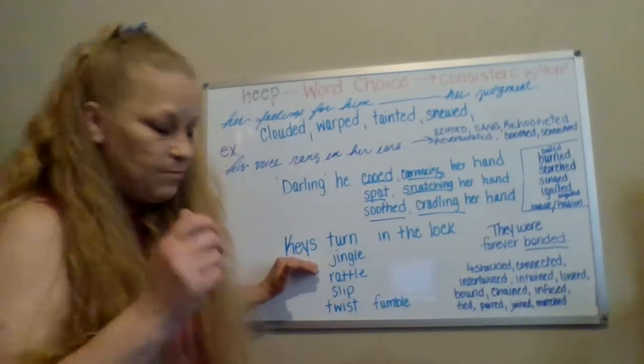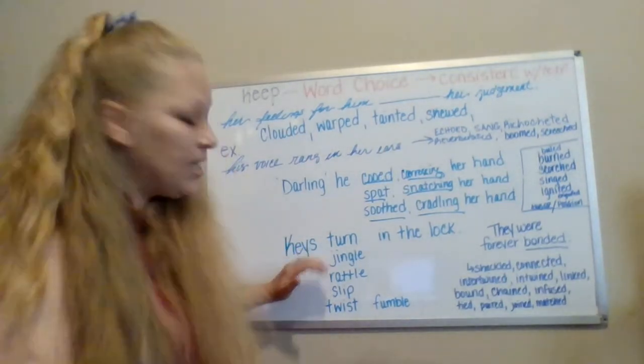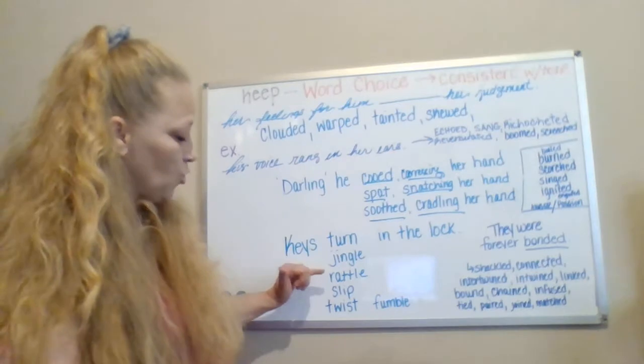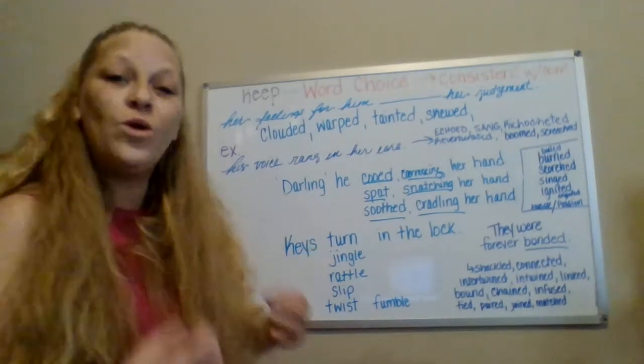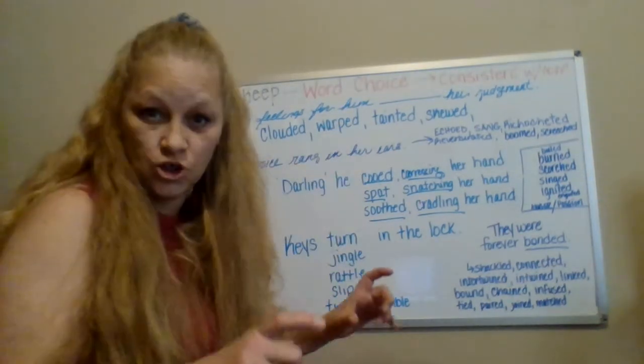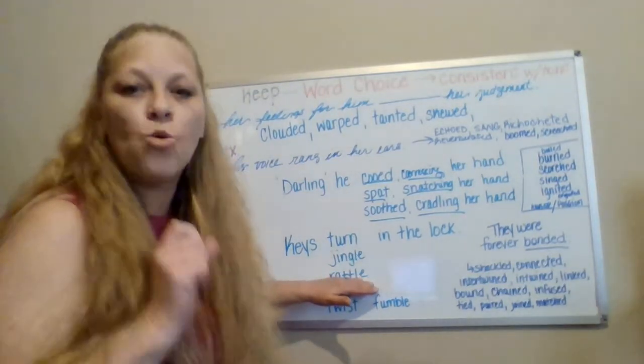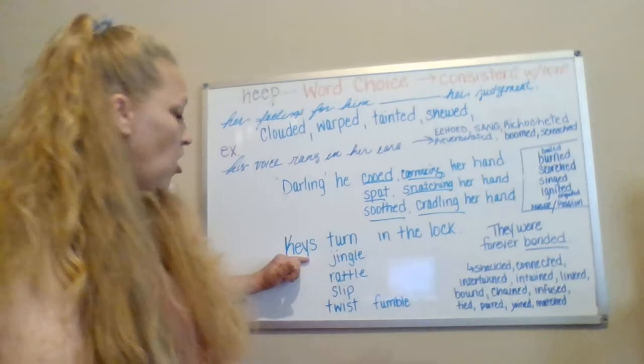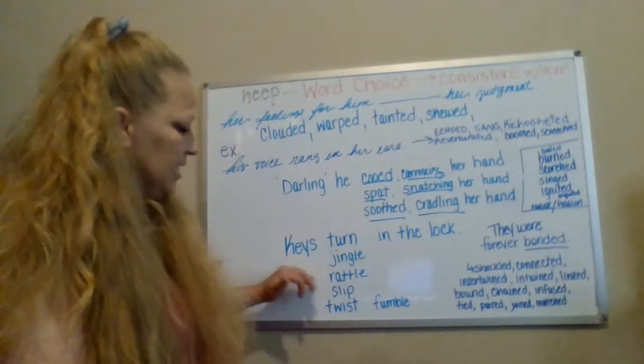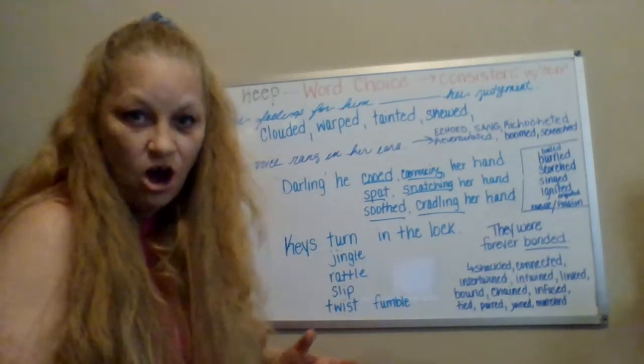It's still going to be keys turning in the lock, but just by using the word rattle instead of turn, we get a very different picture. We get a very concrete image by the word rattle. Also, let's say keys slip in the lock.